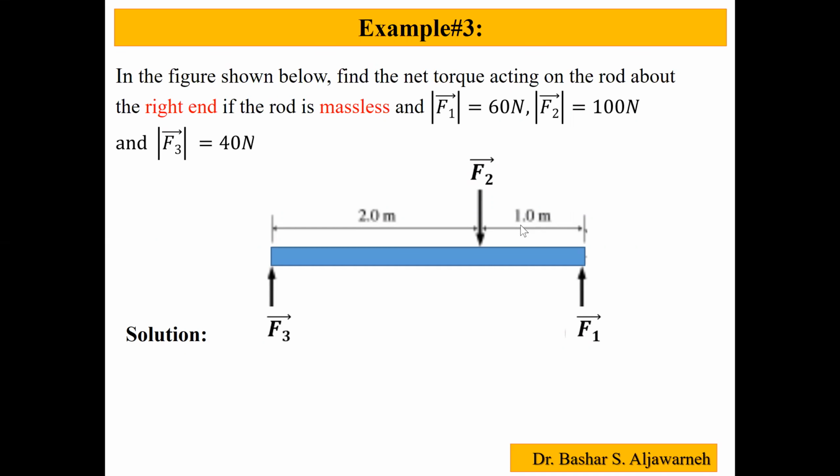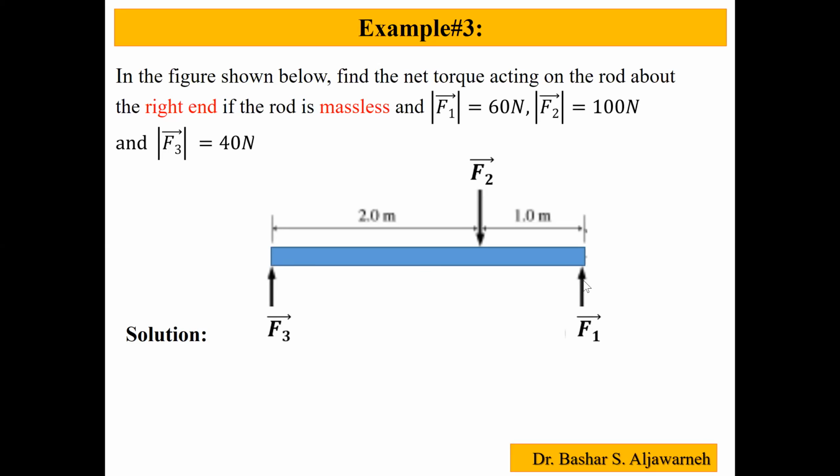In general, to calculate the torque, as I mentioned before, I have the following steps. First of all, determine the point that we are going to calculate with respect to, which is here at the right end, which means here.